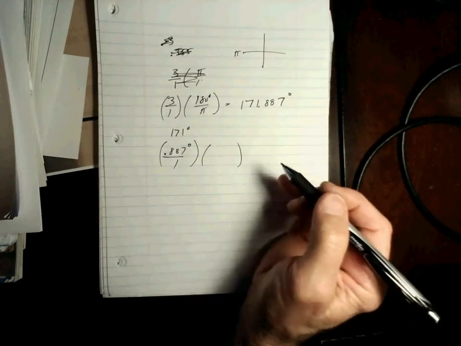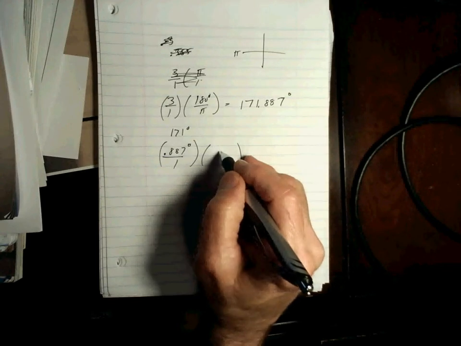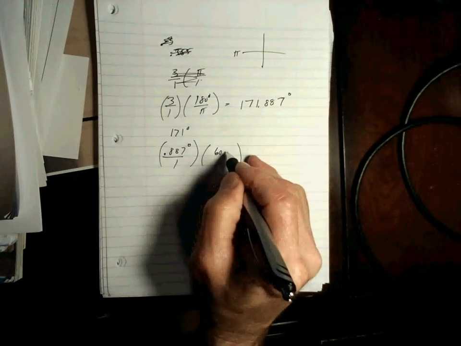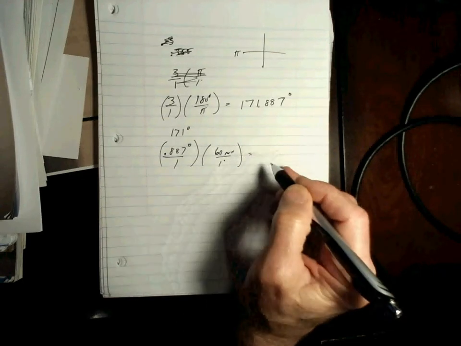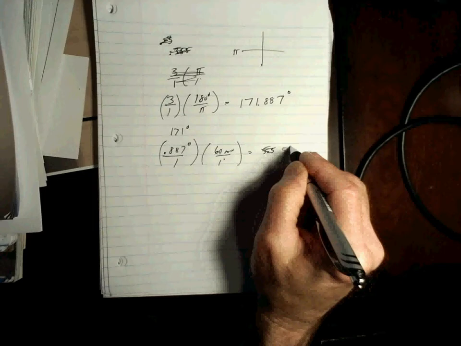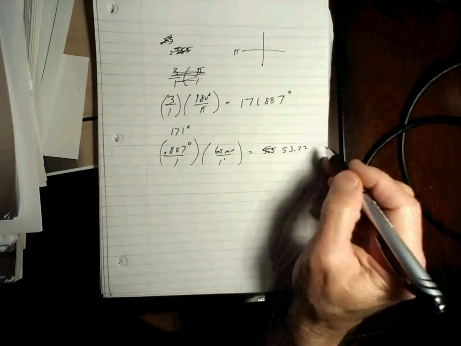So I know that 1 degree is equal to 60 minutes, so the conversion factor we'll use would be 60 minutes over 1 degree, and that will convert to 53.22 minutes, if I did this math correctly.